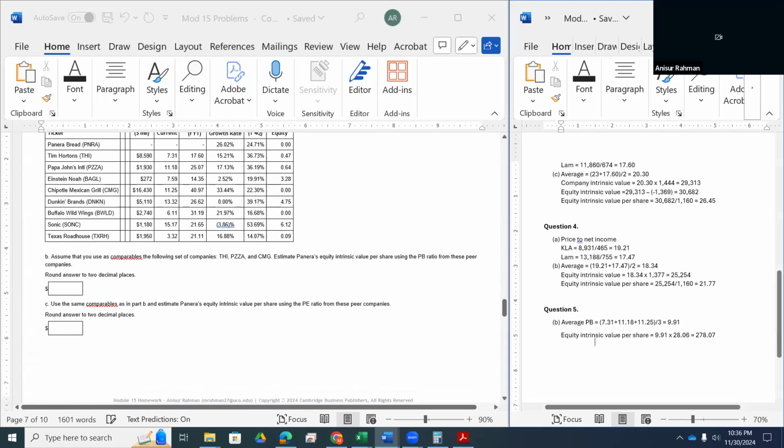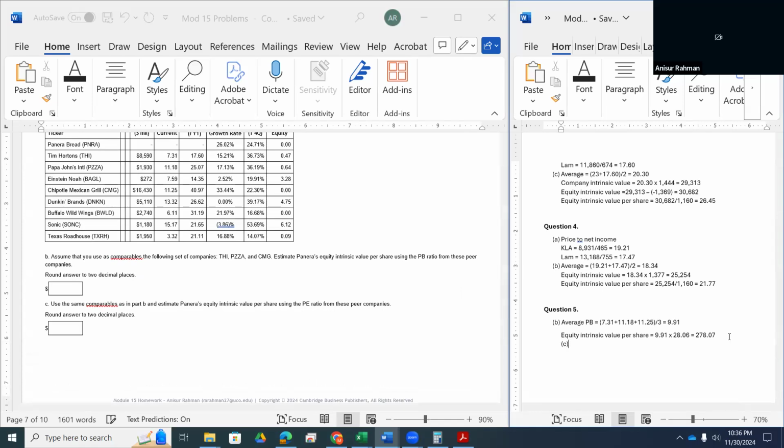Now for C, what we have to do, we have to use the same comparables as in part B. So that means these 3 companies, and estimate Pandora's equity intrinsic value per share using PE. So what is PE? Price per share divided by earnings per share.